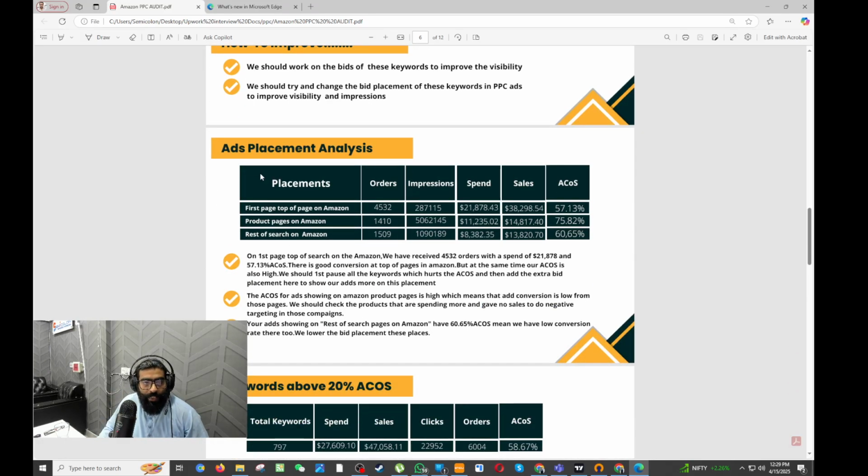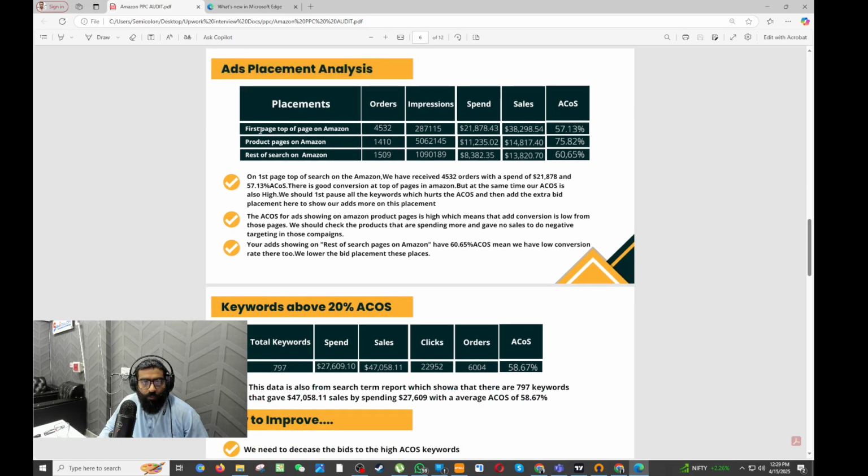So on ad placement analysis, on the first page, the top of the search page of Amazon, orders were 4,532, and the ACOS was 57. That means it's much better than the other pages of Amazon, but it's still very high. On product pages of Amazon, we were getting 75% ACOS, which is too bad.